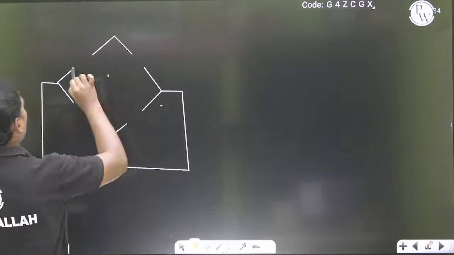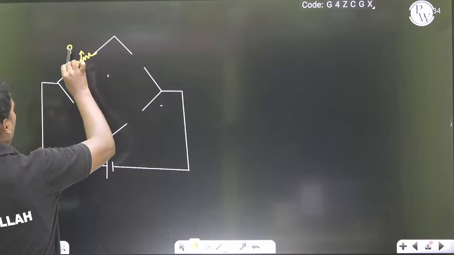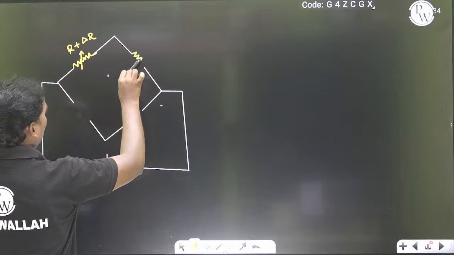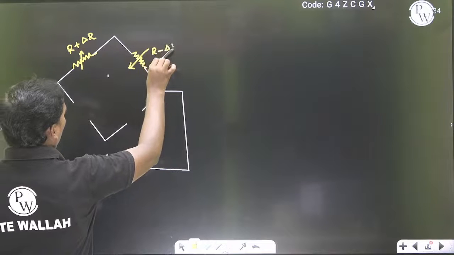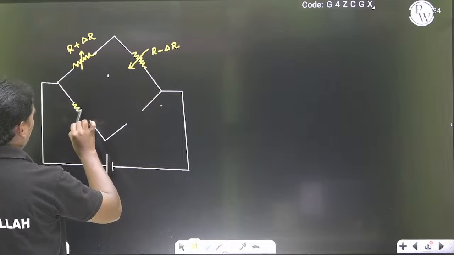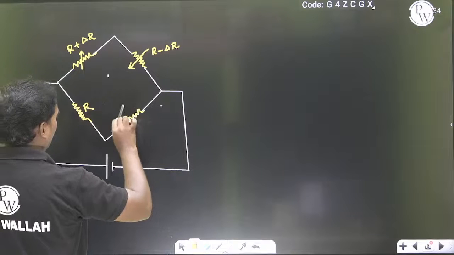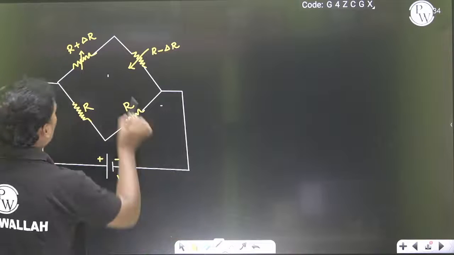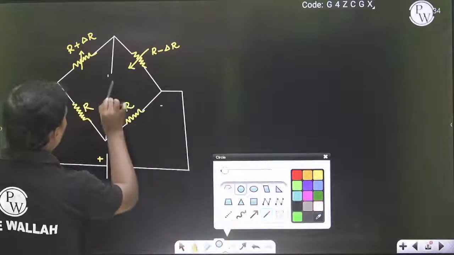So if I am taking this as R plus delta R, and this as R minus delta R, and this is R, this is R. So what is going to be the bridge expression in this case? Can anybody tell me? What is going to be the bridge expression here?